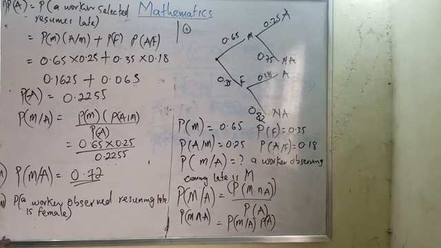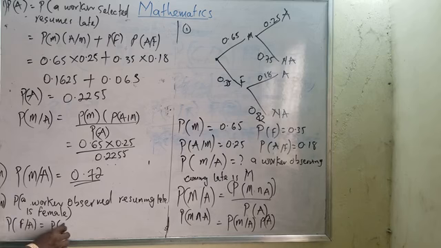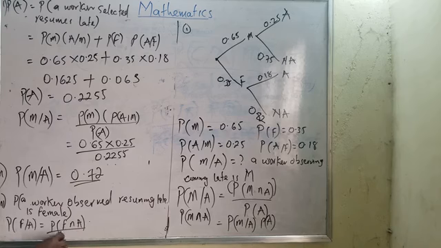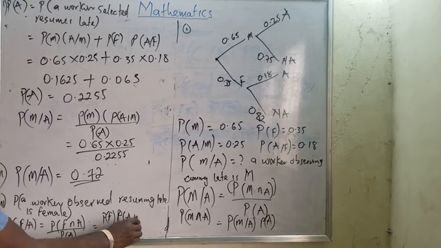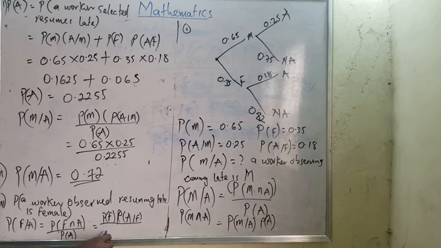Now, it means probability of F of A will be equal to probability of F intersecting A divided by probability of A, which is also the same thing as probability of F times probability of A of F, divided by probability of A.